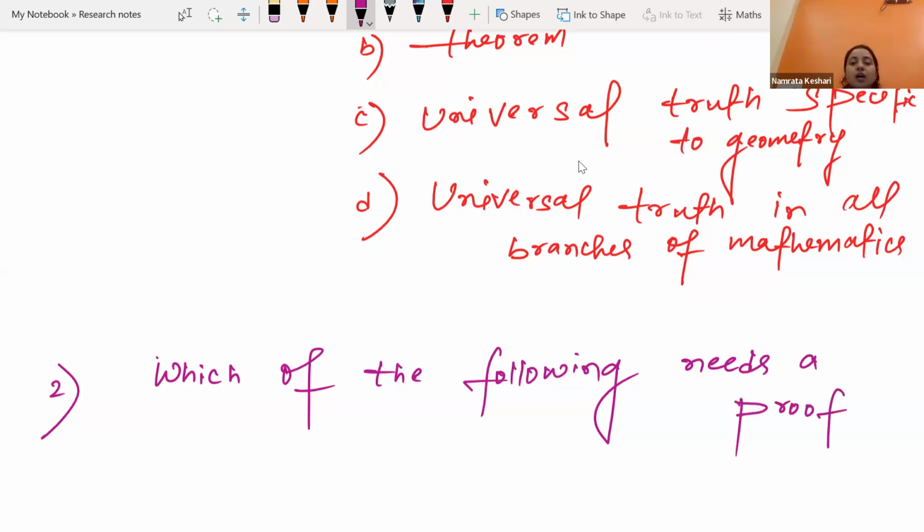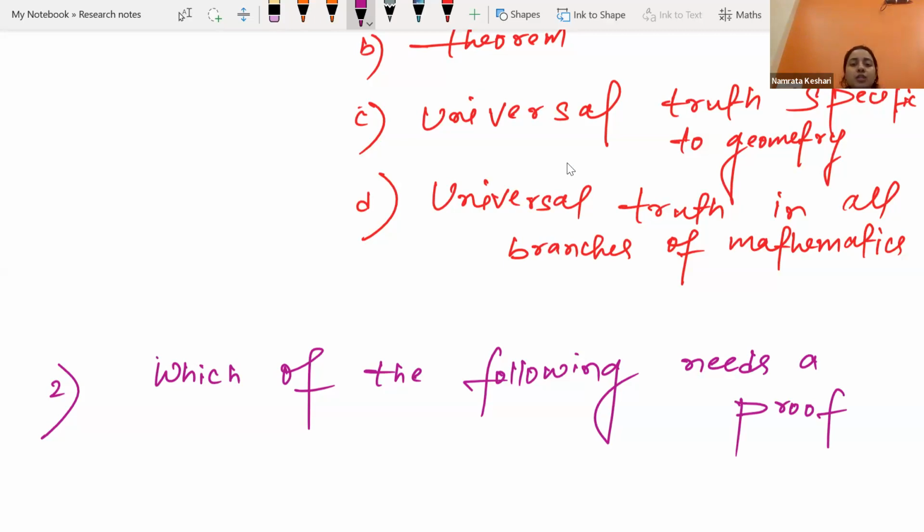Yes, perfect. Because the terminology postulate, Euclid used specifically for geometry. Those are also universal truths, and this one is also a universal truth. But the terminology axiom you will find in maths, like in the probability chapter, sometimes in higher classes, or in other parts of maths also.